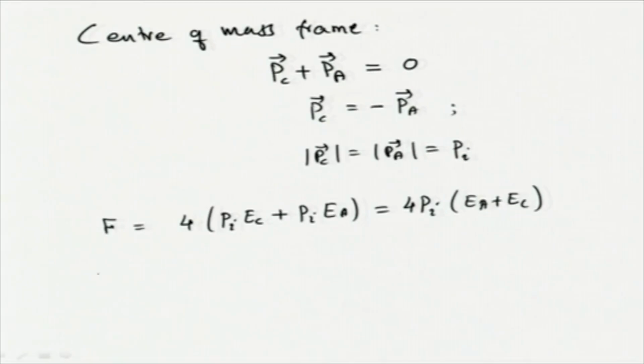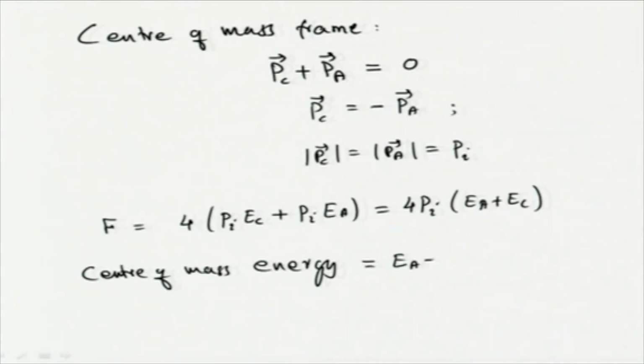If I denote the center of mass energy, which means the total energy of the initial particles in the center of mass frame, it is equal to E A plus E C, which I denote as root S.